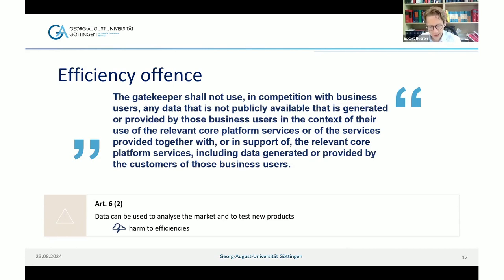On the other hand, the DMA itself already leaves room for gatekeepers to argue that intervention by the European Commission is unjustified based on their individual circumstances.